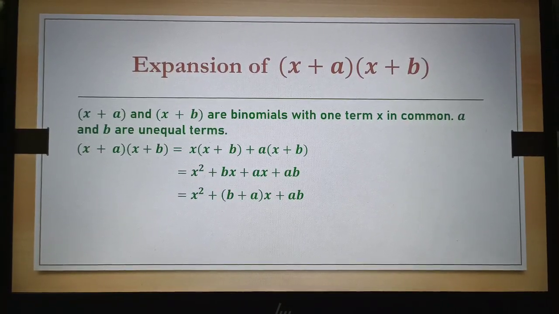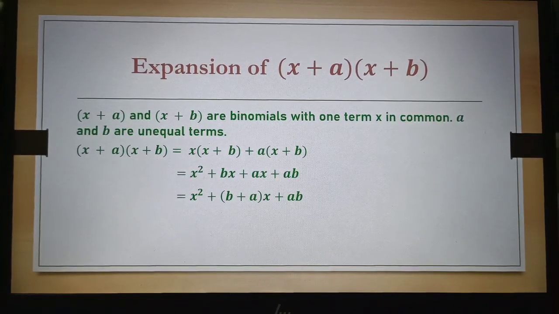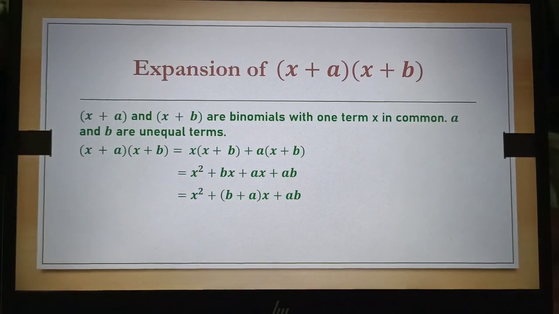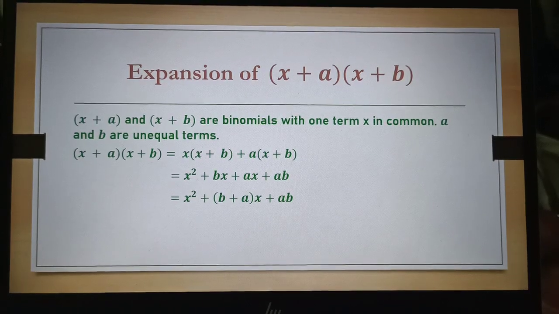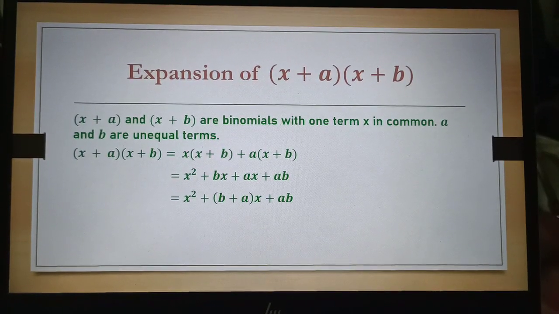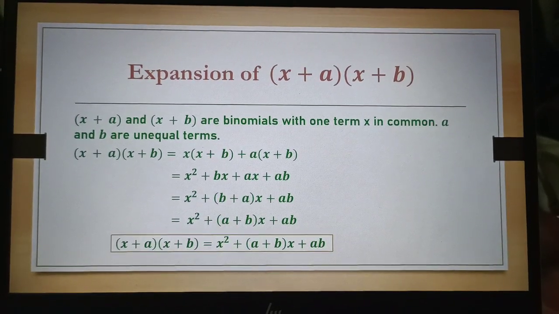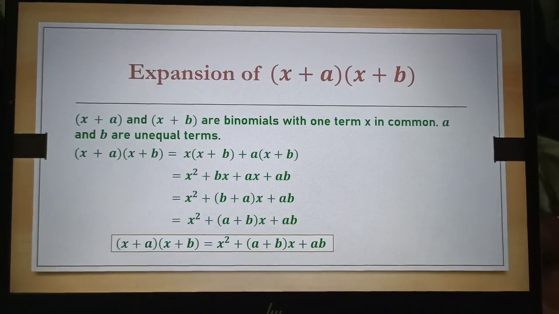The next third step is x square plus, here see, here also x should be common. So take x outside, and which ones are uncommon? b and a. So write them in a bracket. So x square plus b plus a into x plus ab. That means this is the formula for x plus a into x plus b.